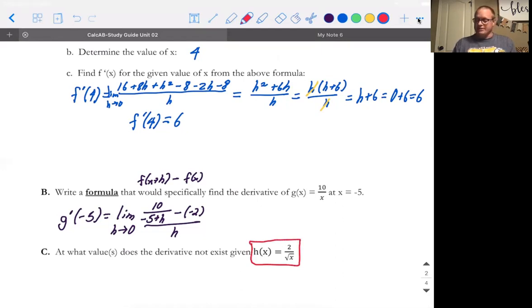Well, yeah, there are. In fact, we can't use 0 for x, and we can't take the square root of a negative number. So therefore, we could state that h prime of x does not exist when x is negative or 0. Thus, we can write it when x is less than or equal to 0.